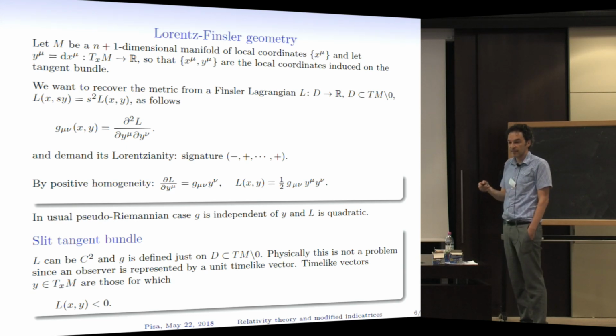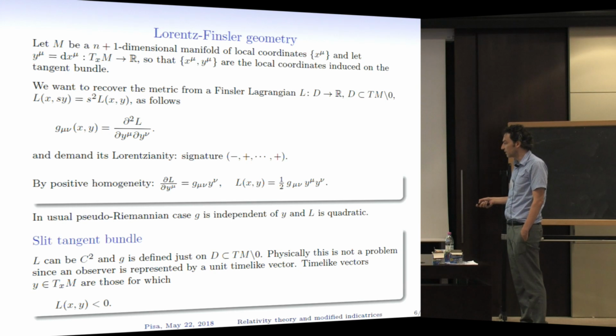There is also another convention. This choice here is related to the choice of signature, which is probably not the best one in the Lorentz-Finsler case. The other one leads to simpler formulas with fewer minus signs, but this is the most accepted in mathematical relativity.